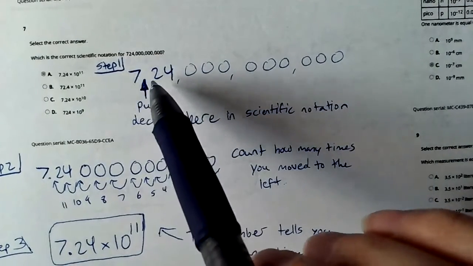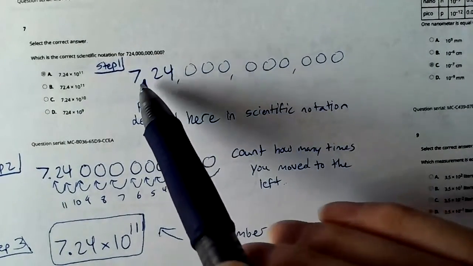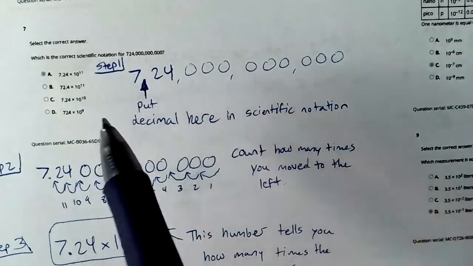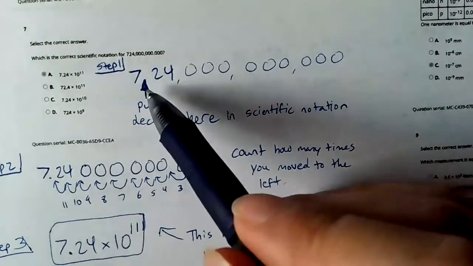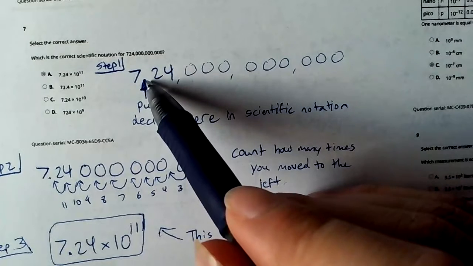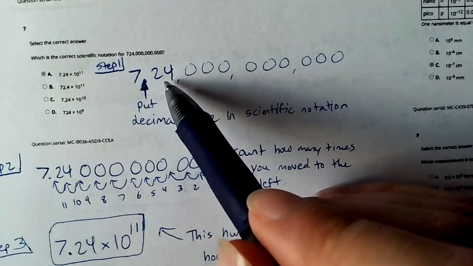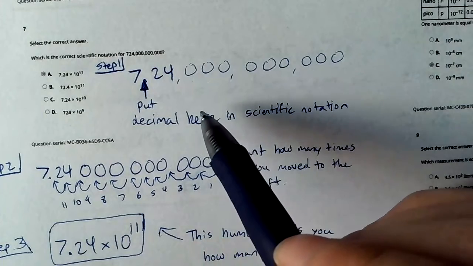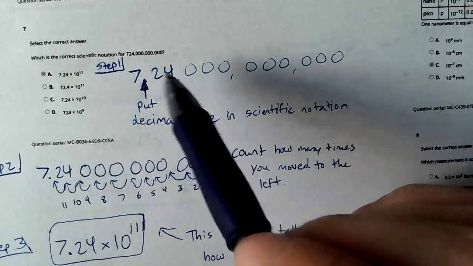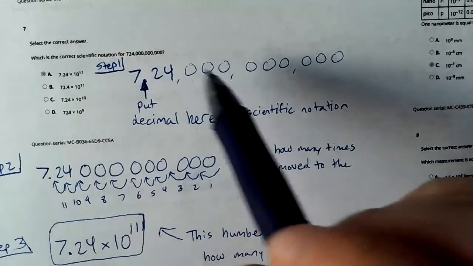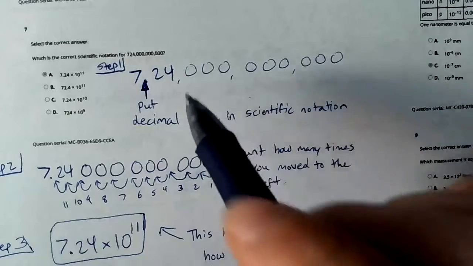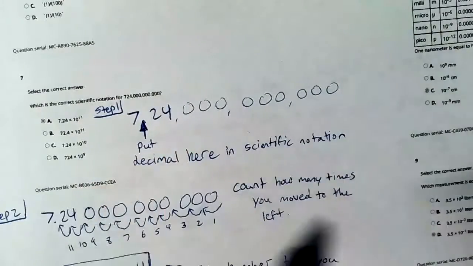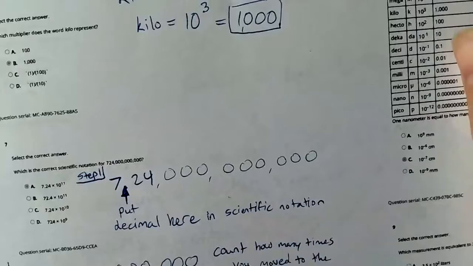So we'll put it here, 7, and then we want 7.24 times 10 to the something, but we don't know what yet. So we're going to start here and then count over to see how many times you need to move the decimal point.